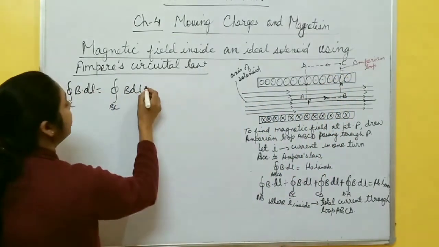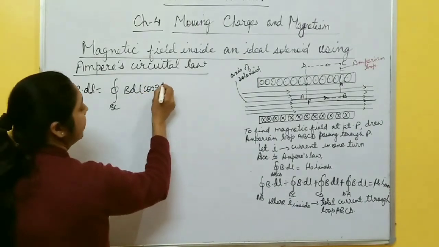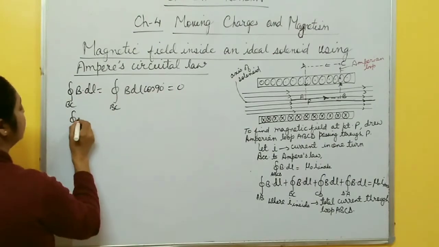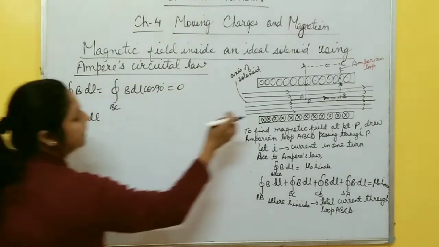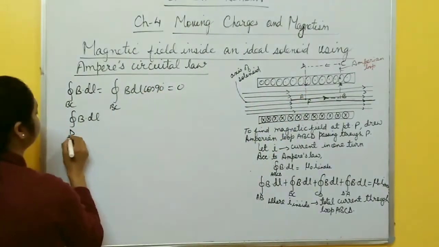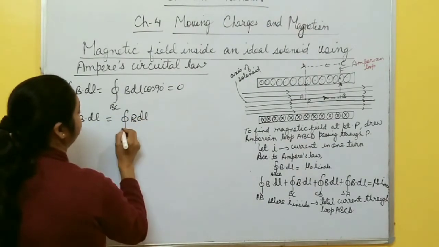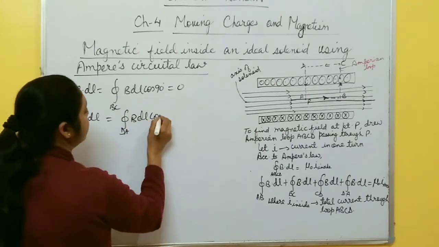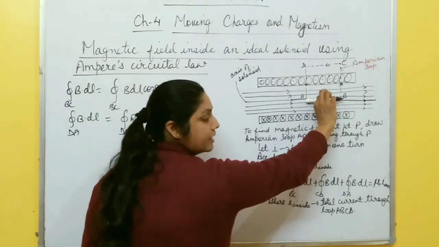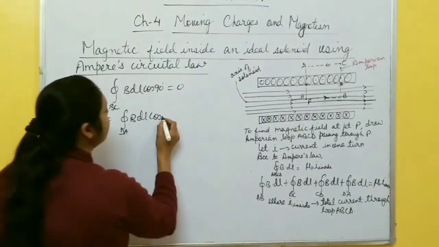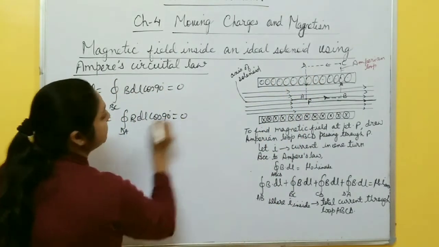It means B dl cos theta, that is cos 90, and it becomes 0. In the same way, B dot dl along DA is B dl cos 90. Here also the magnetic field is along this direction and dl is in this direction. Both are at 90 degrees, so cos 90 becomes 0.